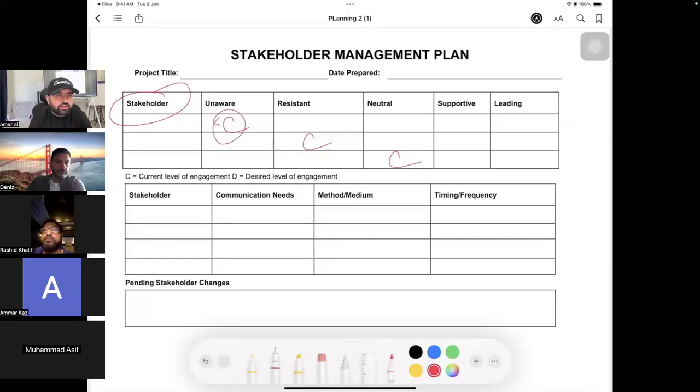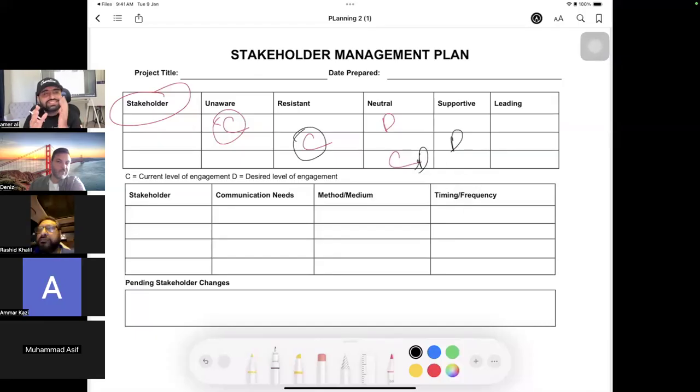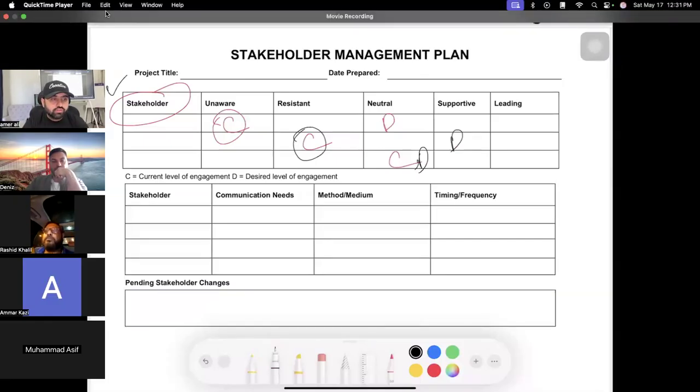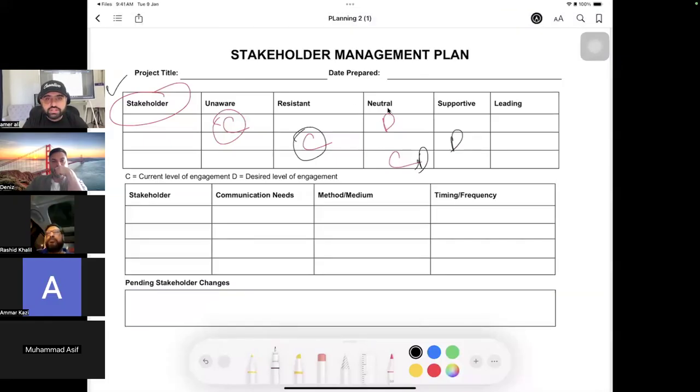Maybe someone is unaware of you and you want him to be neutral. Someone is resistant and you want him to be supportive. Someone is neutral and you want him to stay there. Whatever is needed in the project, we put into the stakeholder engagement plan, along with the strategies that will be required to engage these stakeholders.